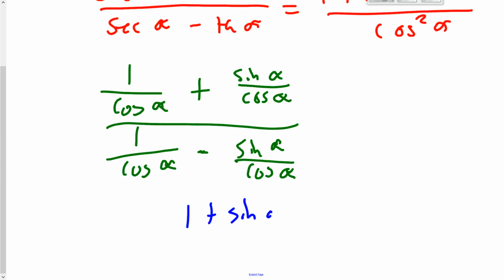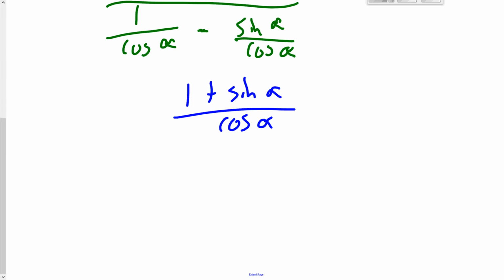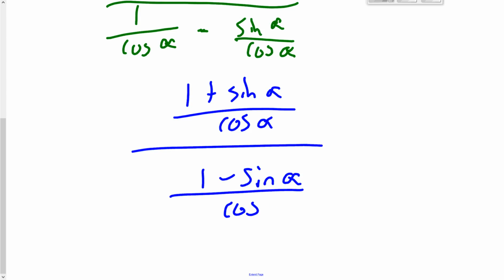So we get something like this. Oops, common denominator, don't forget that, off the top. And then on the denominator we have 1 minus sine of alpha over cosine of alpha. Then you go ahead and multiply top and bottom by cosine of alpha, because that would take out the bottom.